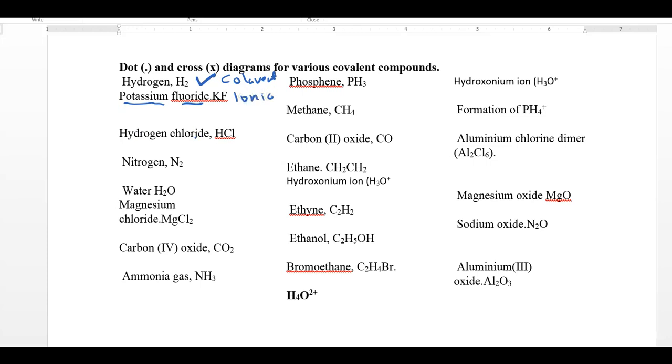Hydrogen fluoride, this is a non-metal and a non-metal, so it is covalent. Nitrogen is a non-metal and a non-metal, because it is nitrogen plus nitrogen which forms nitrogen gas. Therefore, it is covalent. Water: oxygen is a non-metal, hydrogen is a non-metal, therefore the bond is covalent.